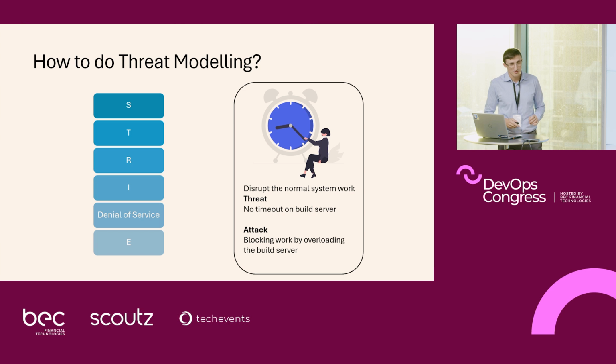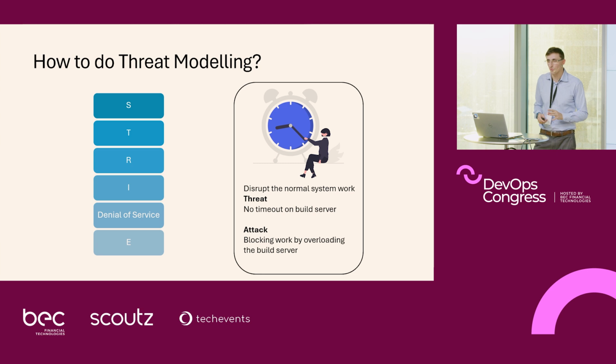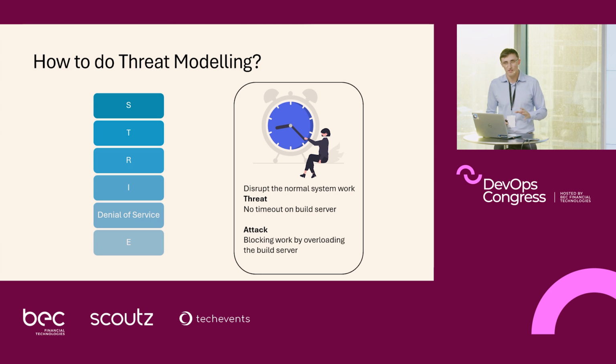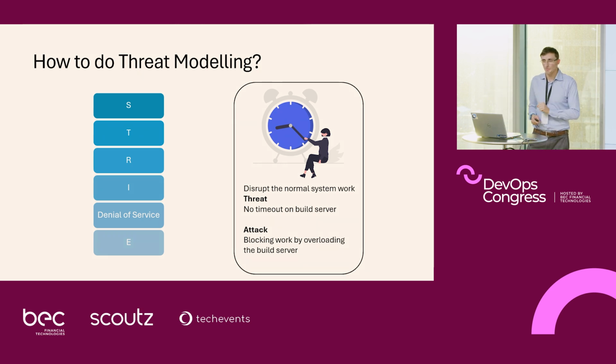The next category of threats is denial of service. It's also probably known by most of you. Denial of service is a threat related to disrupting the normal working of the system. It means that somebody, from the technical perspective but also from the functional perspective, makes the system unavailable.